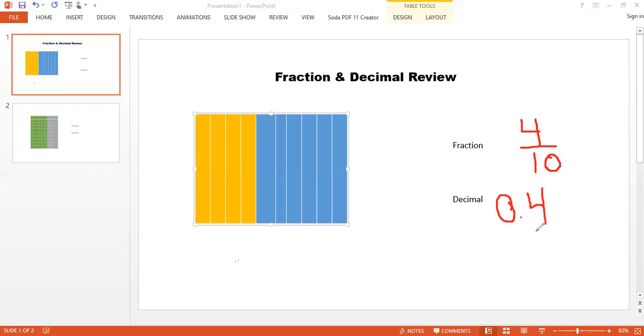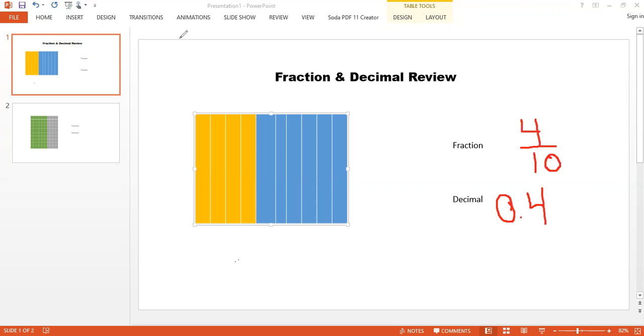Remember, a decimal is a number that uses place value and a decimal point to show part of the whole. So 4 is part of the whole.